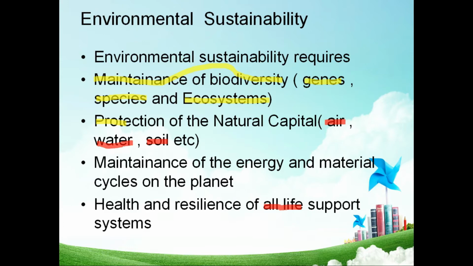Meanwhile, here, the maintenance of the biodiversity, or the protection of the natural capital, such as the resources which are very much essential for the basic necessity of life, like air, water, and soil, maintenance of the energy as well as the material cycles on the planet, health and resilience of all life support systems.